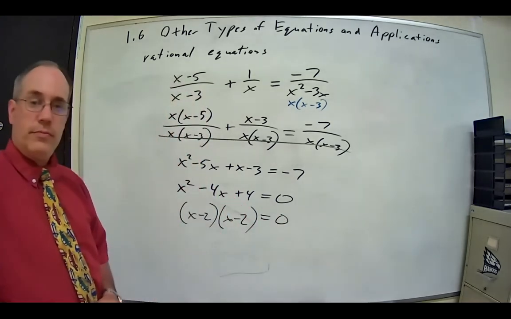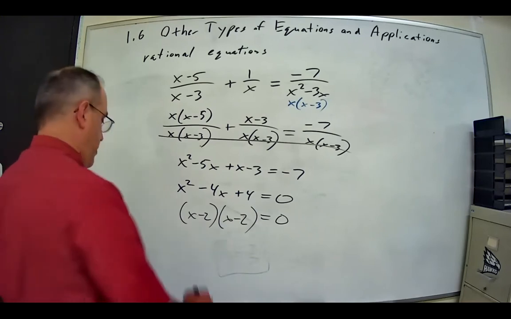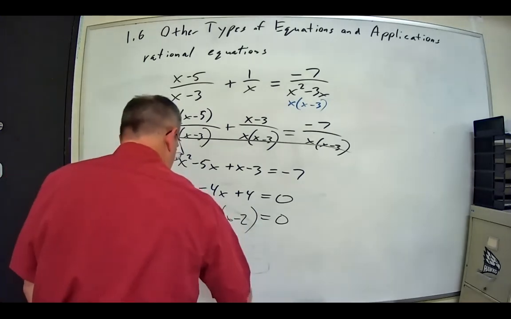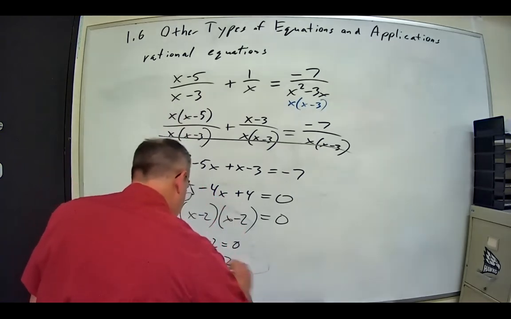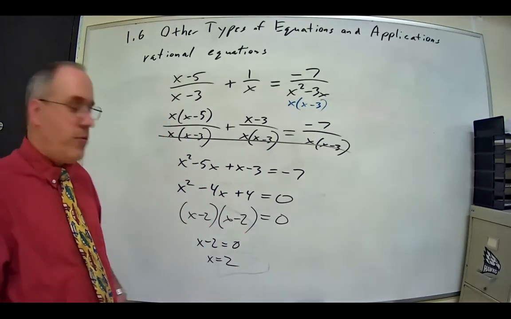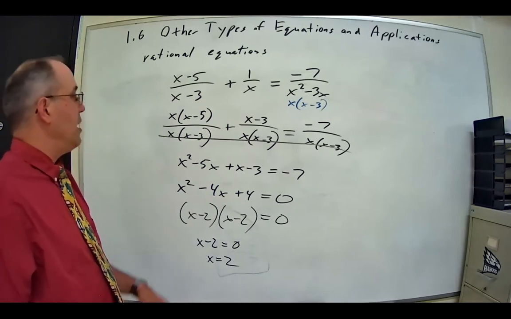is equal to 0. So we can set those equal to 0, which we only have to do once, right? x minus 2 equal to 0. So x is equal to 2. Our only possible solution. So there's our proposed solution.